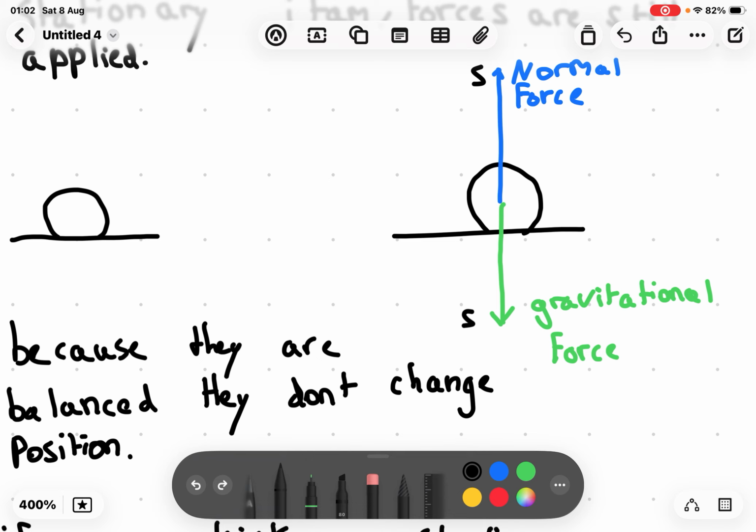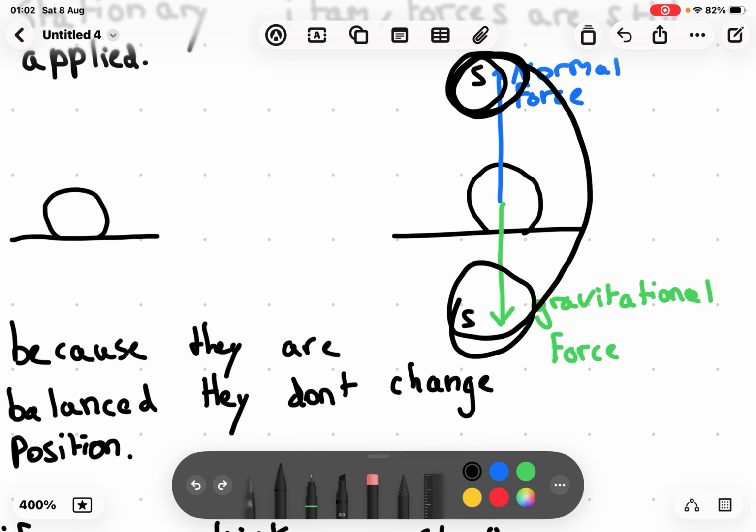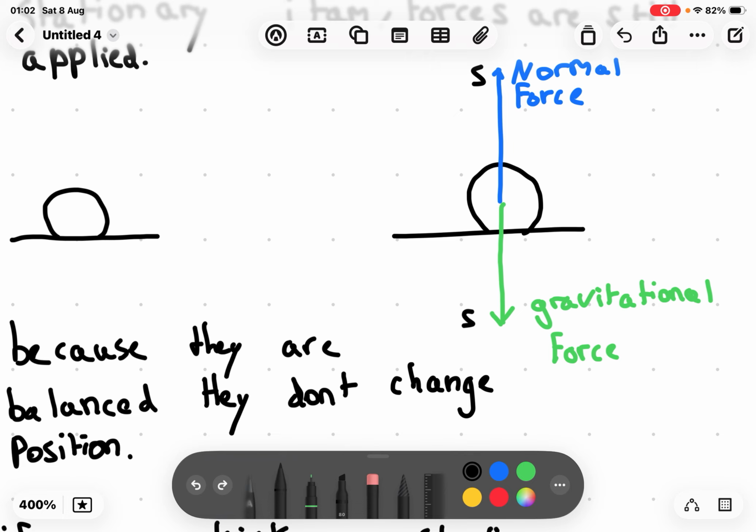And these forces, the gravitational force and the normal force, are equal most of the time. For example, let's say you're watching this on a table, and whatever's on the table right now is stationary, so the forces acting on it are most likely equal. Because whatever you push down, there's an opposite force that's equal to it.